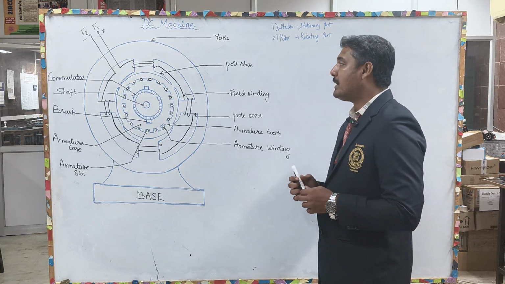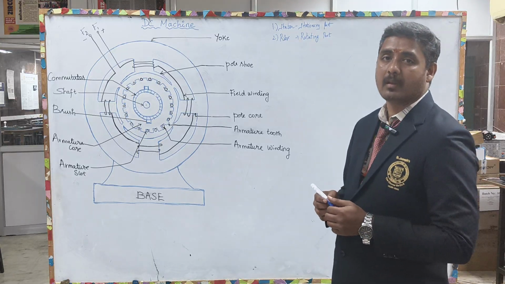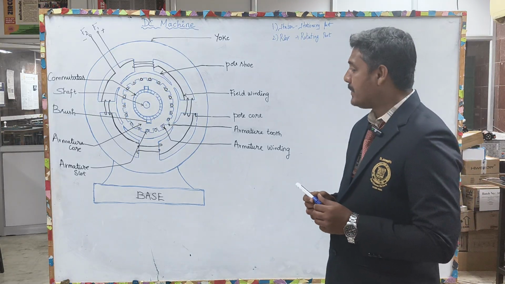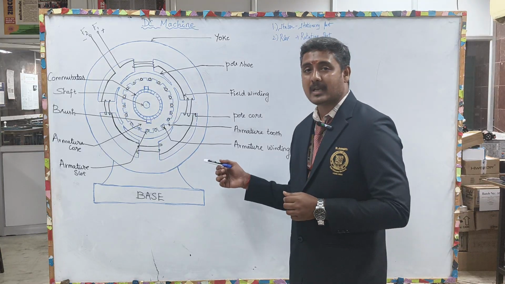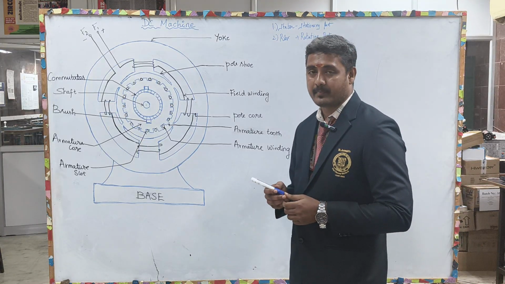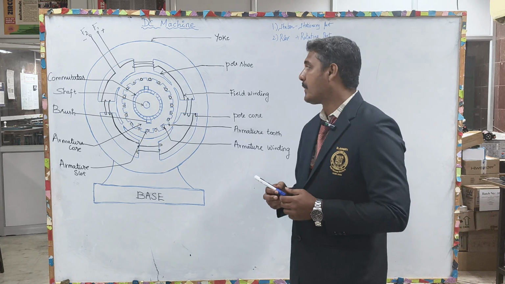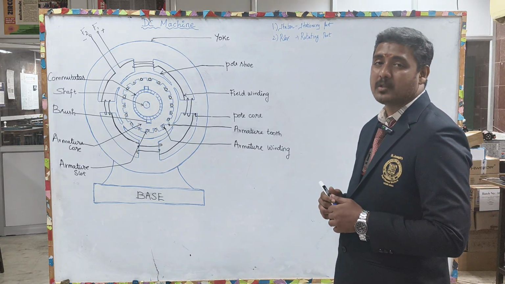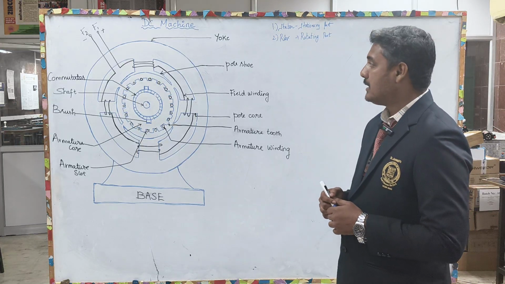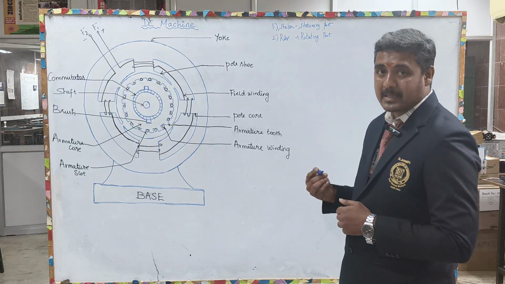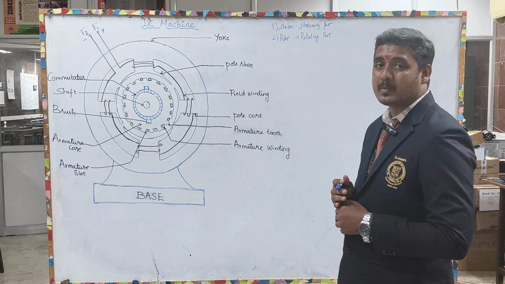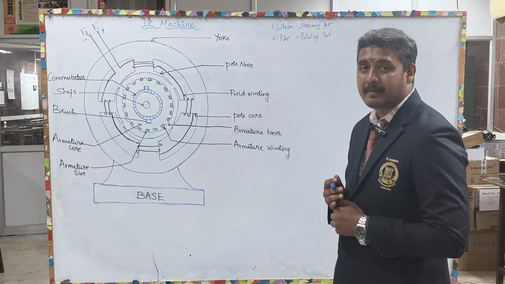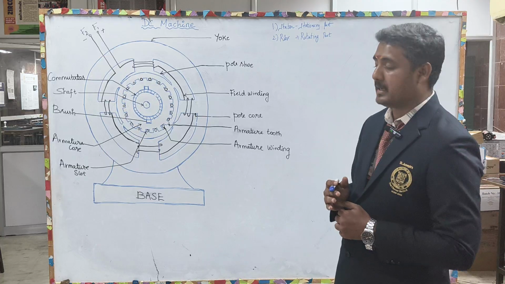Okay. Now, our aim is to make this machine work as a motor or generator. And by giving the excitation to the field winding, the field which is excited produces the field which is called a main field.